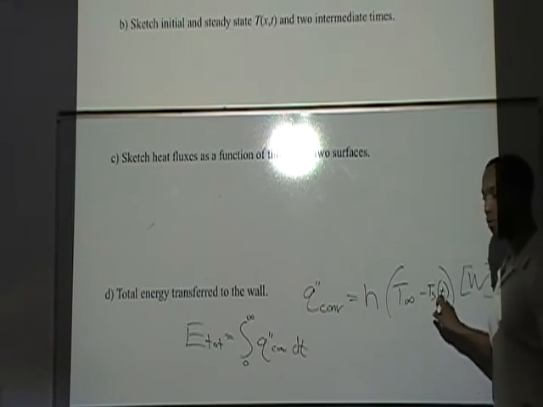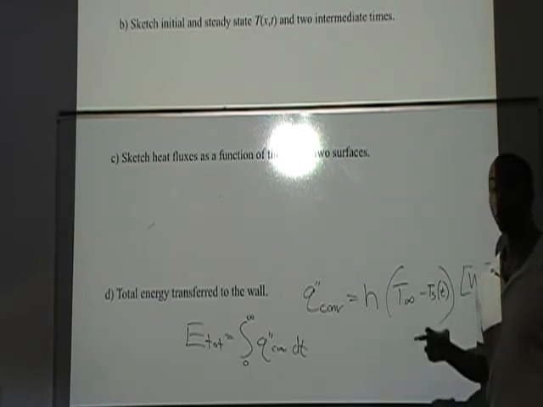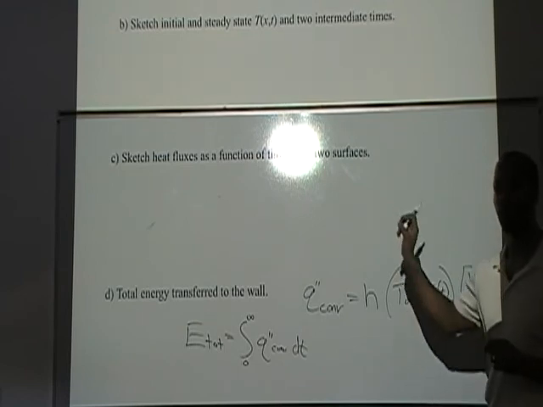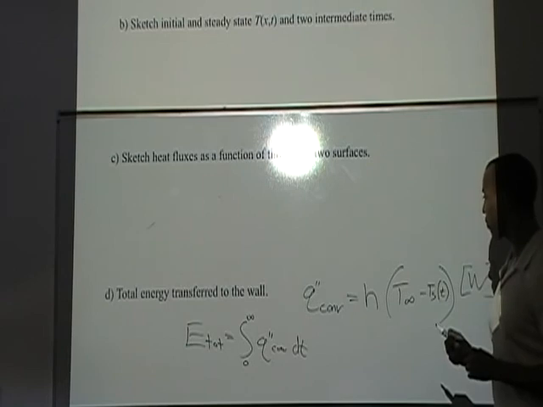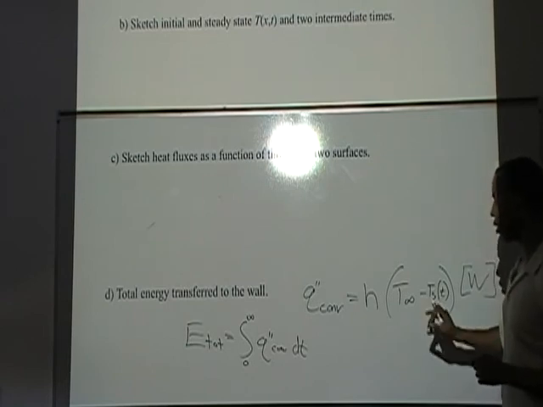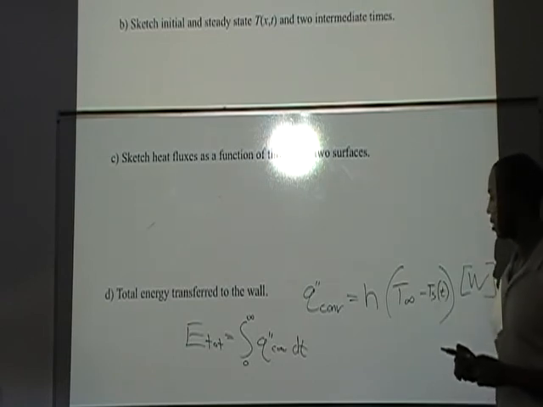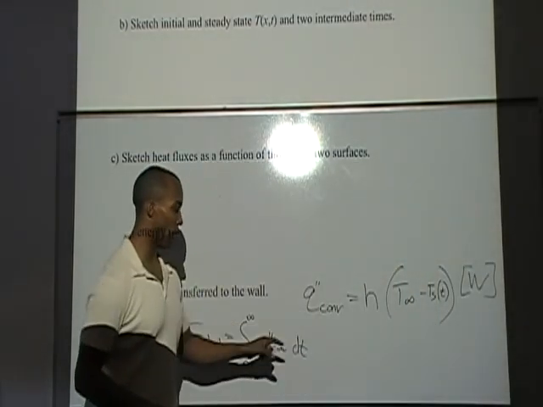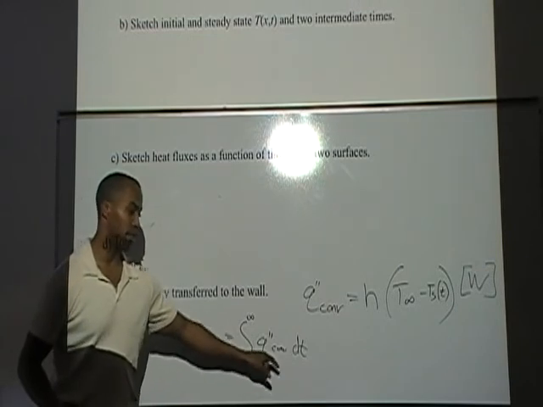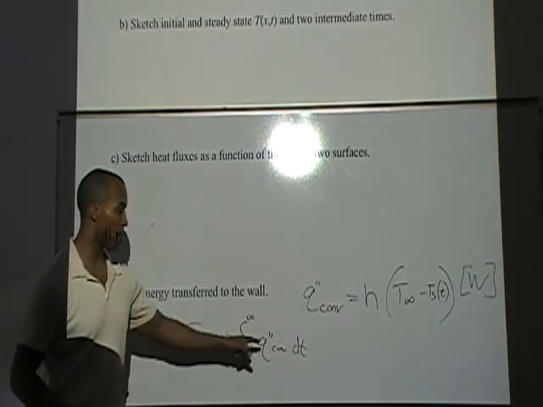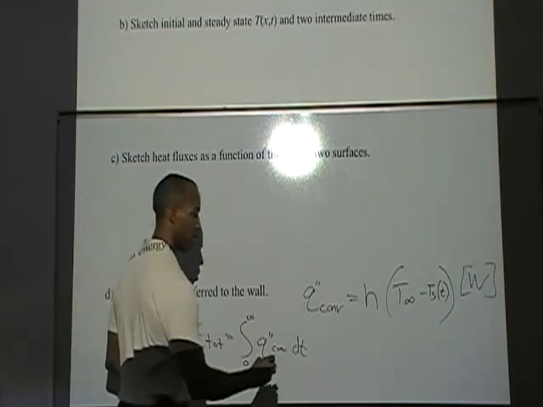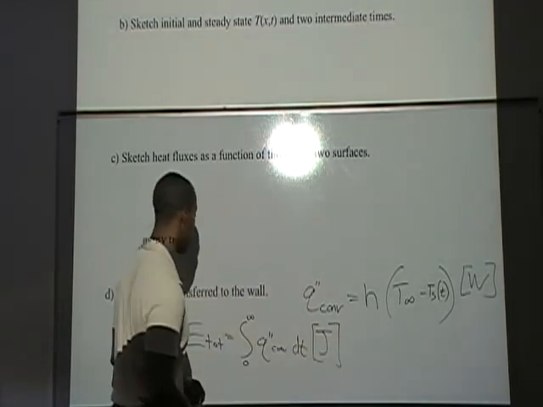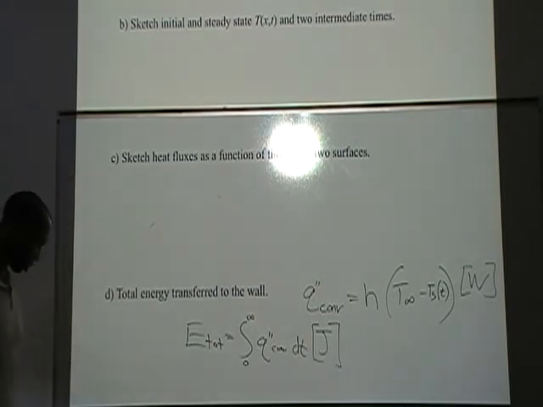And we can determine this temperature function from our 1D transient heat equation that was the solution to part A. So we determine this surface temperature as a function of time, we would plug it into this relationship, and we would integrate this convection heat rate over time from 0 to infinity, and then it's going to tell us what the total energy transferred into the wall is in joules.